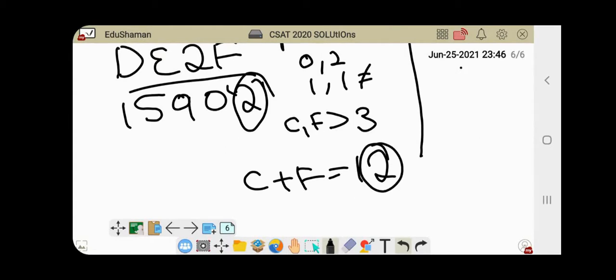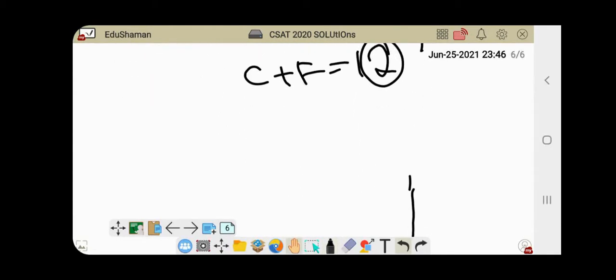So what are the different possibilities for C plus F? I would say 5, 7, that's fine. Either of which can be 5 or either of which can be 7. We won't worry about that. Will 6, 6 hold good? Not at all, because these letters are assigned unique numbers.